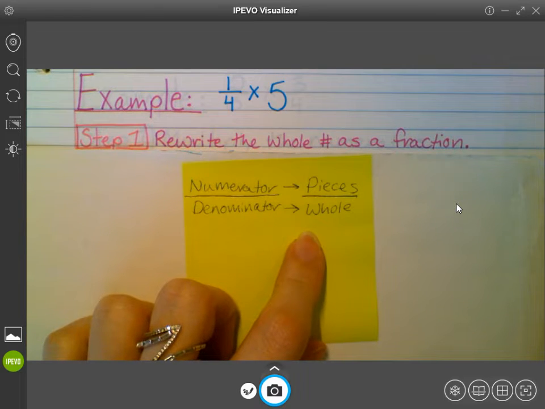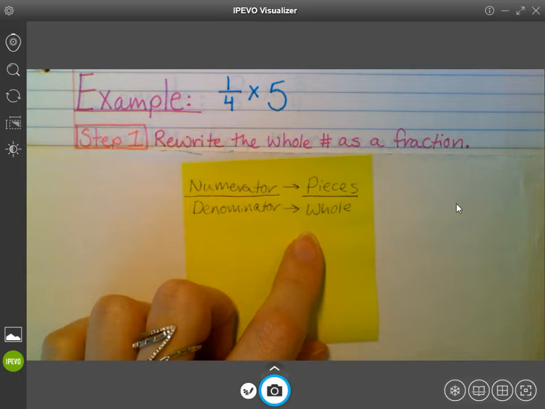So which of those fractions, 5 over 5, 4/4, or 5 over 1, would represent a whole number where our whole has been broken into 1 piece and we have 5 pieces? Turn and talk. Which one of those represents that?